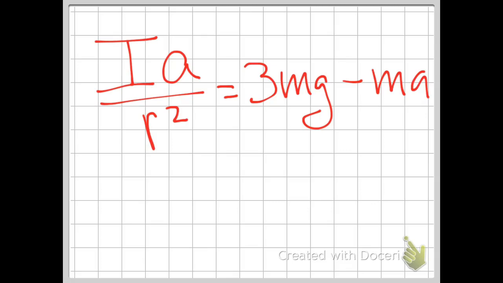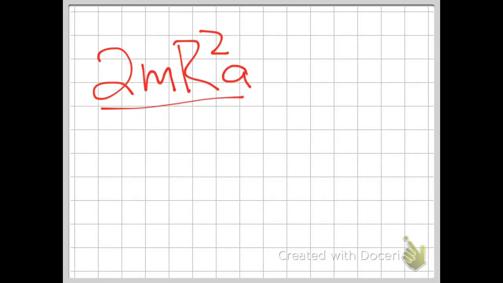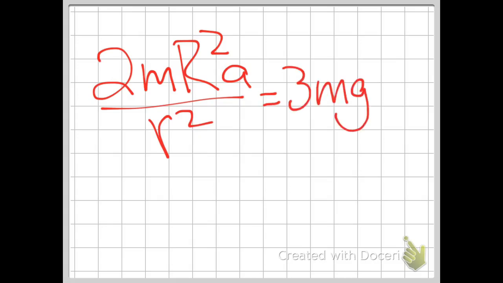The next thing we can do is think about this rotational inertia. We previously said that that was going to be equal to 2mR squared, and then we replace I in our previous equation, and it equals 3mg minus ma. That's an a.